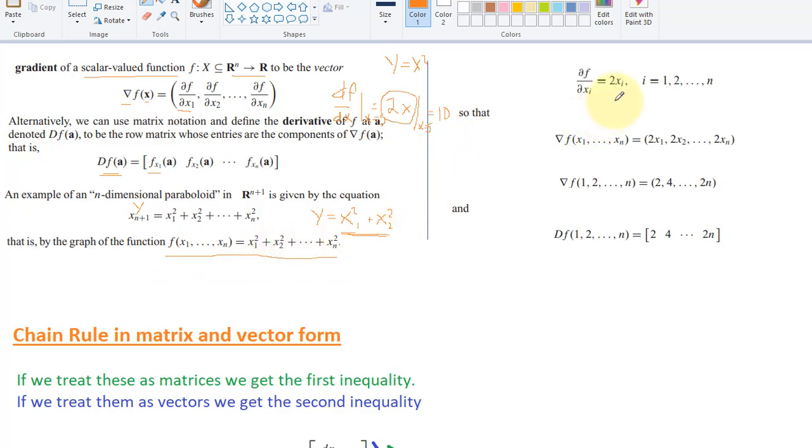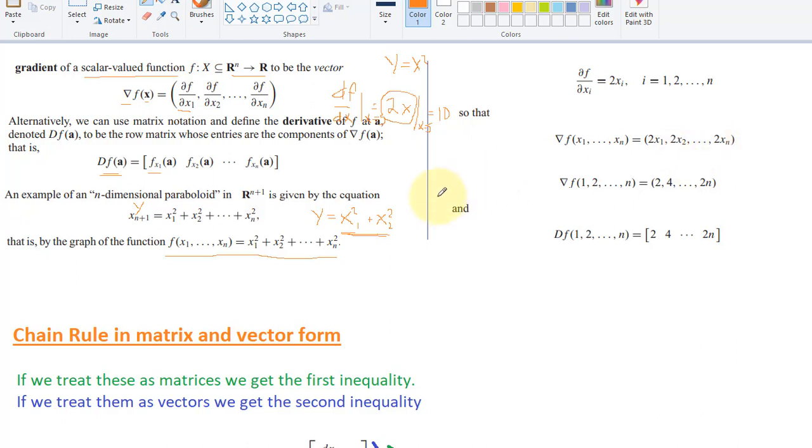In general, the partial of f with respect to xi is 2xi for any of the i's. Now for this particular example, we fill in those partials here. So the gradient of this is 2x1, 2x2, and all the way up to 2xn.